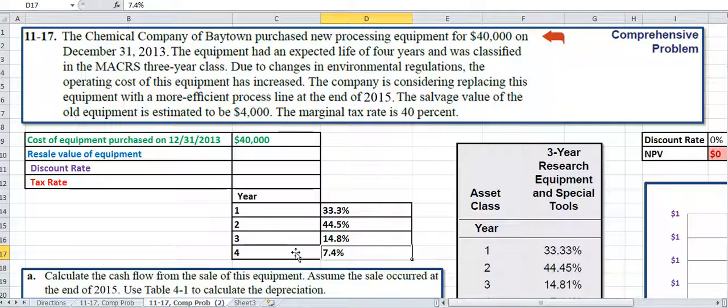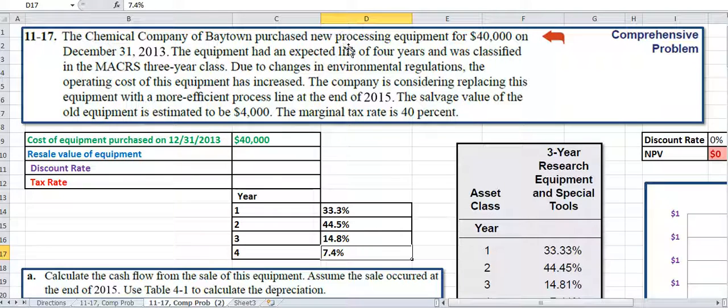So we know that they're thinking about replacing this. Now they're calling it old. See, it's called new up here, but then in 2 years we're going to start calling it old, right? So this is what's confusing about the way this problem is worded.